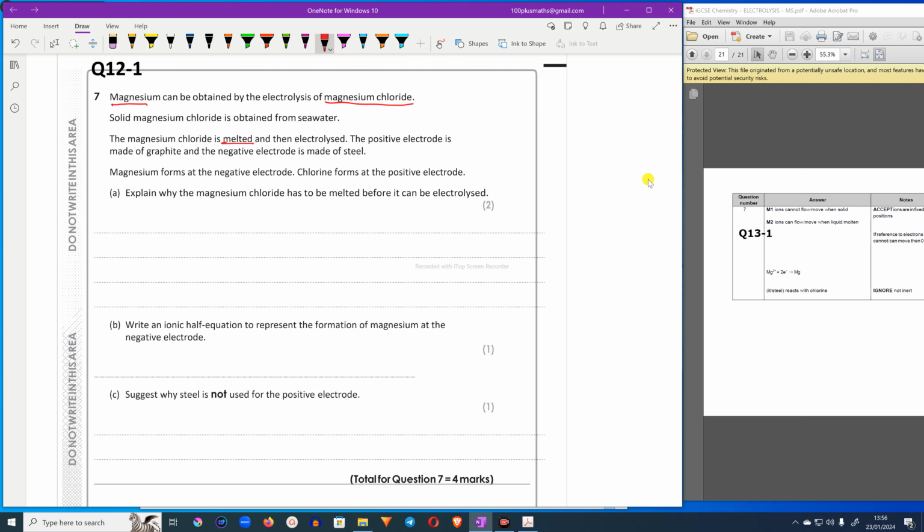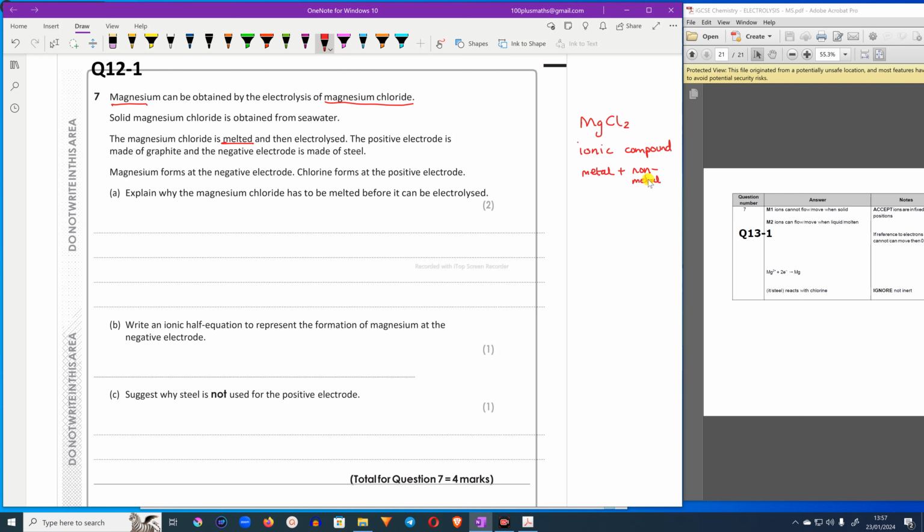And why do we need to make sure that, so remember magnesium chloride is an ionic compound. Why is it an ionic compound? That's a good question. It's because you have a metal reacting with a non-metal. Right, so we've got ions there.